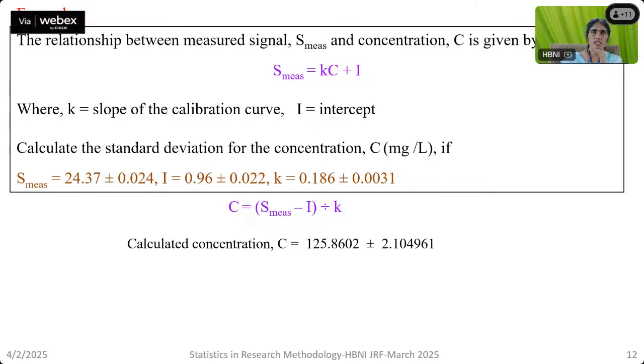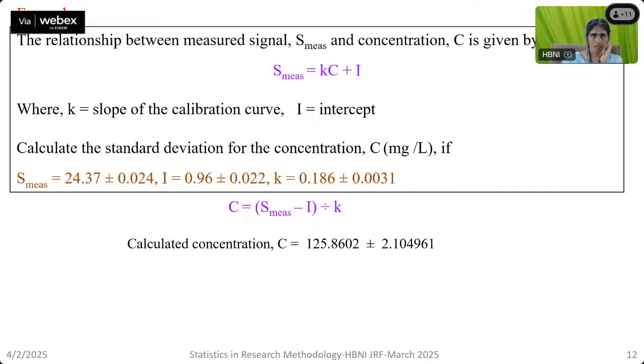So the measured signal is given as a function of a constant K into C. This constant is called the calibration slope for most instrumental measurements, and I is called the intercept. From this one can easily calculate the concentration C, provided you have the slope and the intercept in hand.